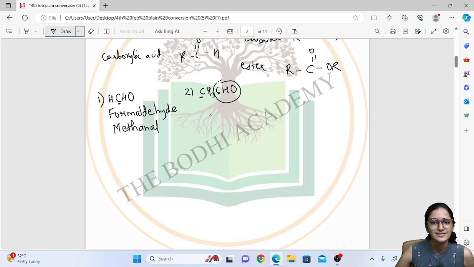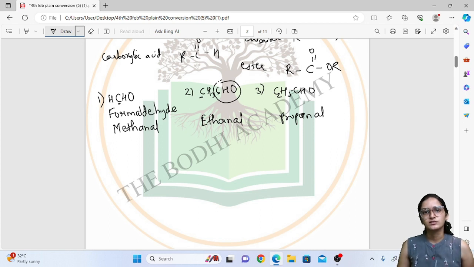So CH3CHO has two carbons, so the IUPAC name will be ethanal. Then, from aldehydes only, if you take C2H5CHO, this will be propanal. So it depends on how many carbons you have in the compound.